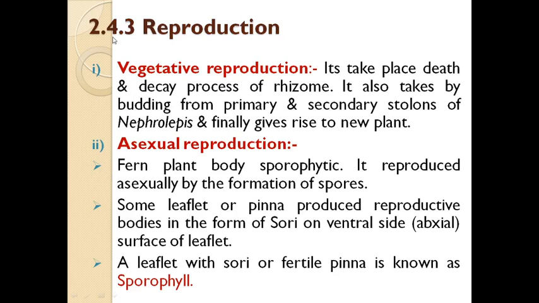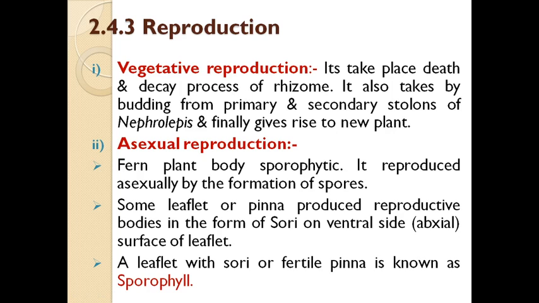So students, today I am focusing on the reproduction in Nephrolepis. Within that, the first type of reproduction is vegetative reproduction. It takes place with the help of the death and decaying process of the rhizome.